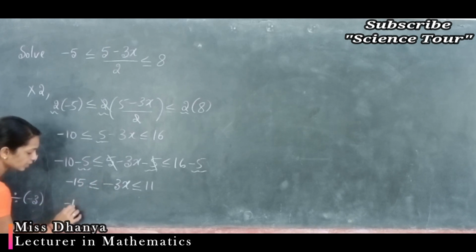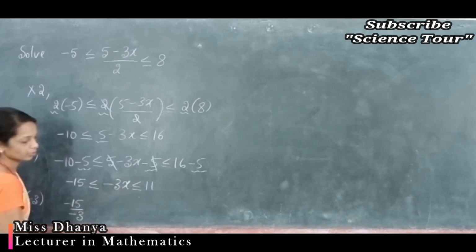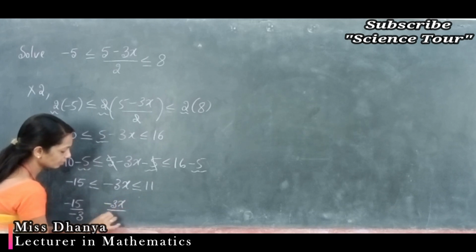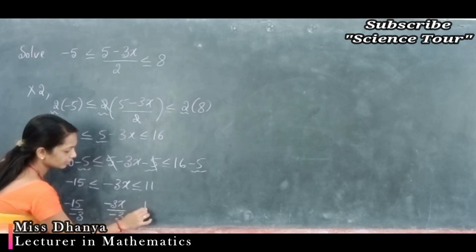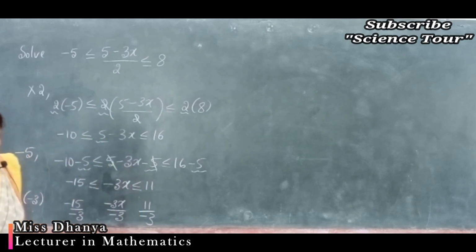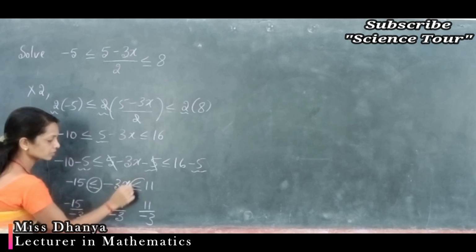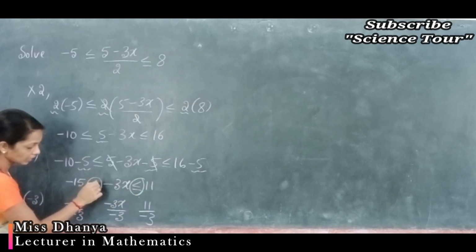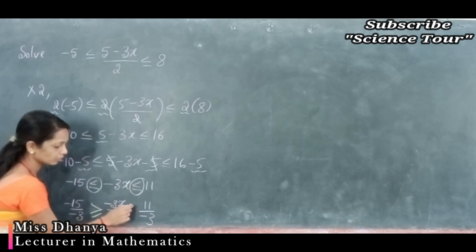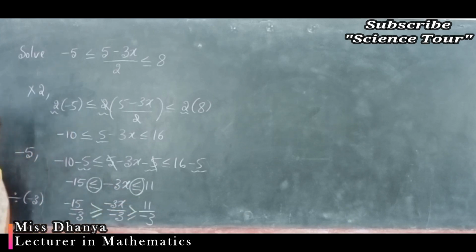So -15 divided by -3, and -3x divided by -3, and 11 divided by -3. What we did here is divide by a negative number, so we have to reverse the inequality symbol. Less than or equal to, you write as greater than or equal to. Here also, less than or equal to is written as greater than or equal to.